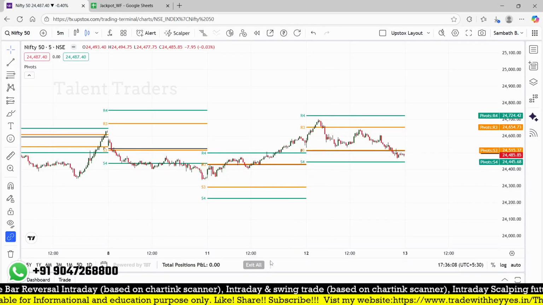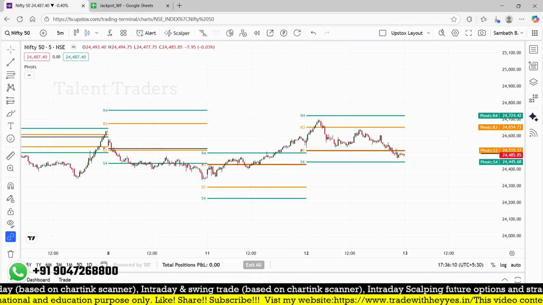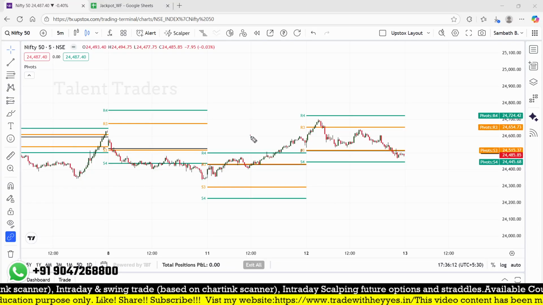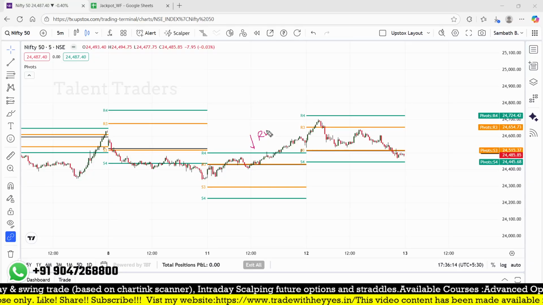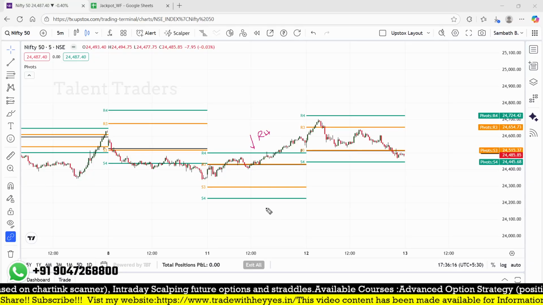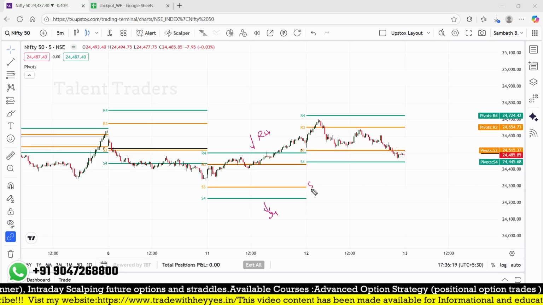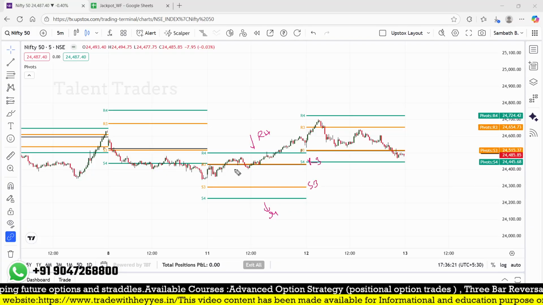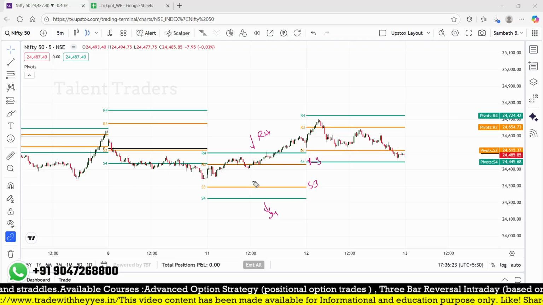What we call an inside level is exactly this: you can look here at the R4 level. I used only two levels, R4 and S4, and S3 and R3, while the black one is the pivot.